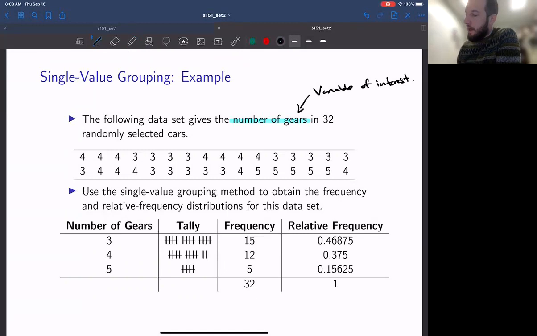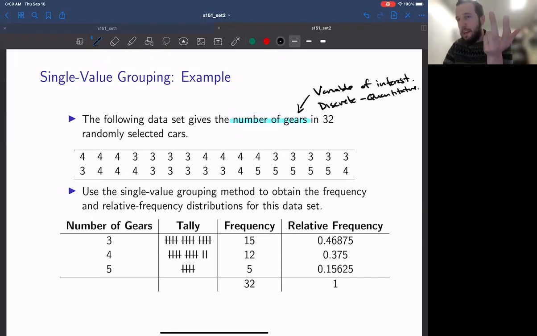Okay, and we can see that this variable is discrete quantitative. Furthermore, when we observe the data, we can see that we only have 3 unique values, 3, 4, 5. Okay, so there's only 3 different numbers in the data set.